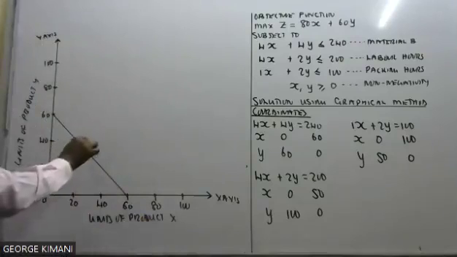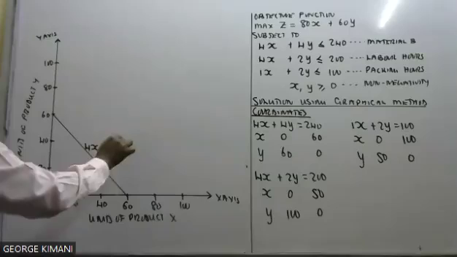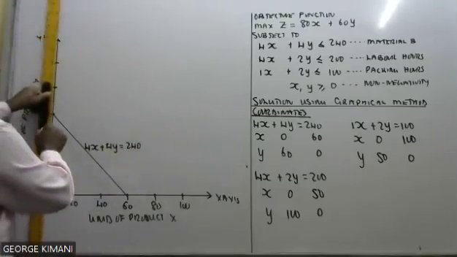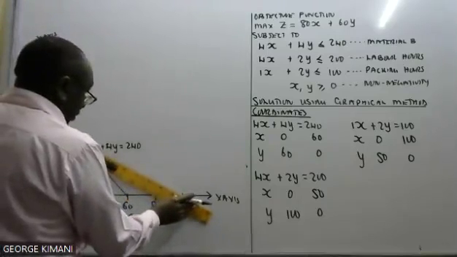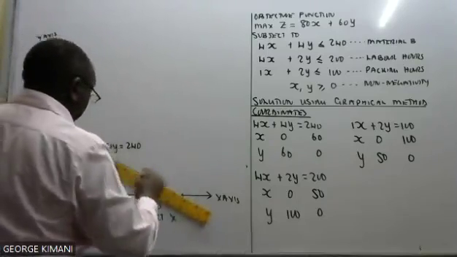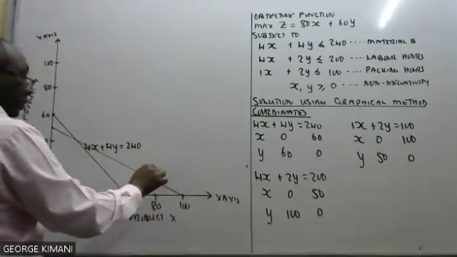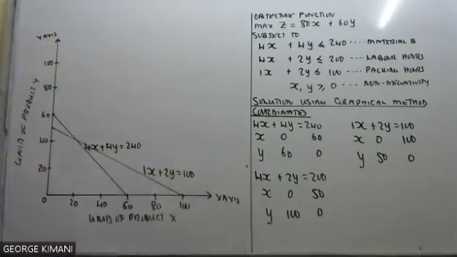This is 4x plus 4y is equal to 240. The other one is 50, 100. So when this one is 50, it is here at 100. So this is x plus 2y is equal to 100.